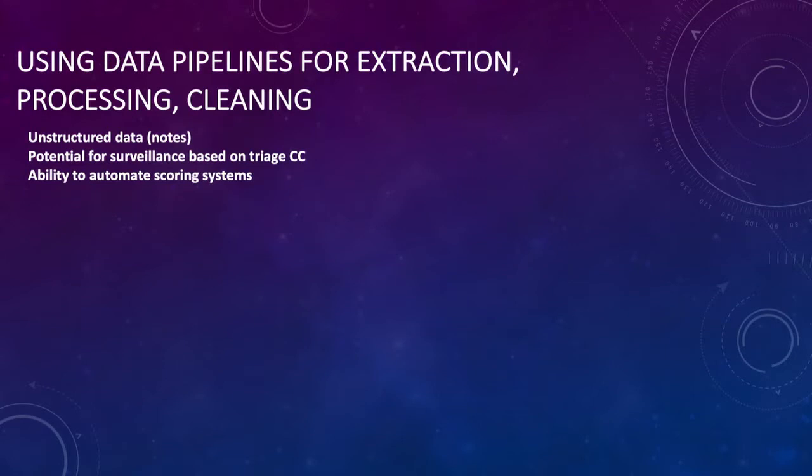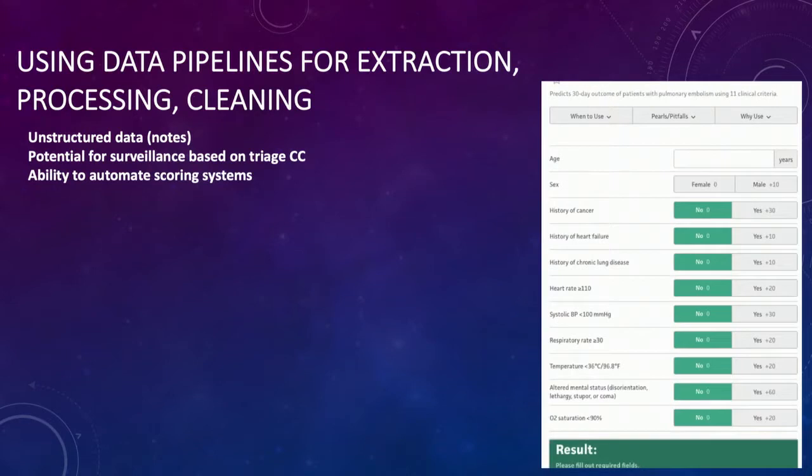Let's talk about text data. There's lots of unstructured data in the electronic health record, such as notes. One example is the potential for surveillance with chief complaint, which is well documented. An exciting area is that we all learn and teach scoring systems, and there's the ability to automate them.